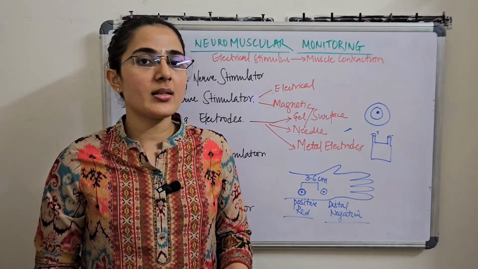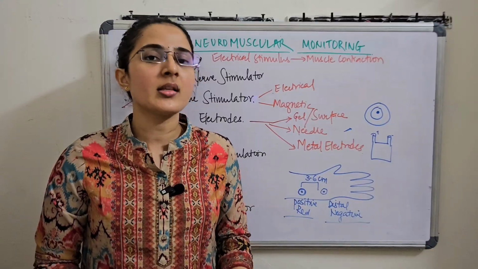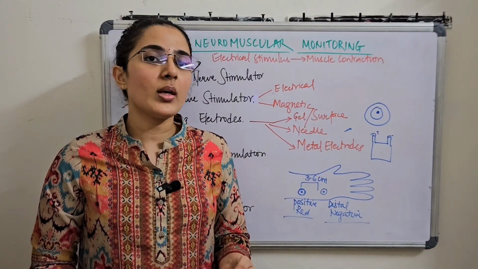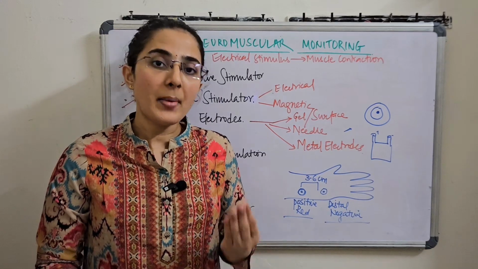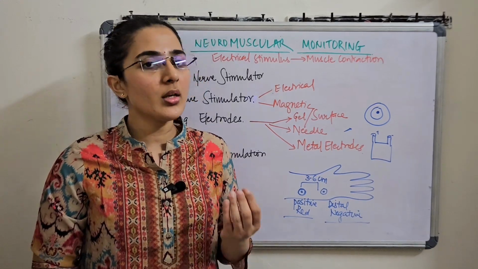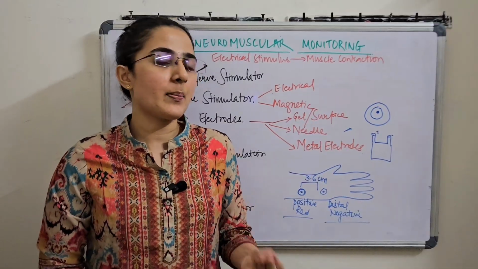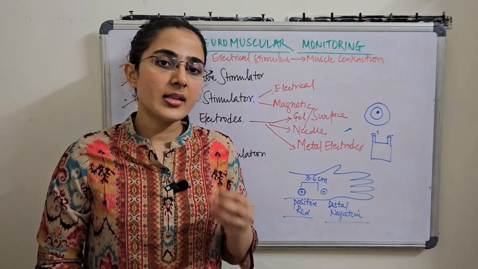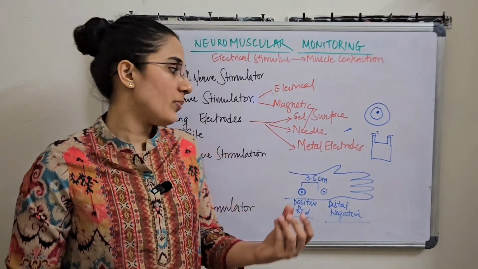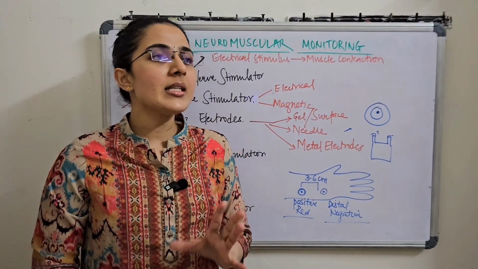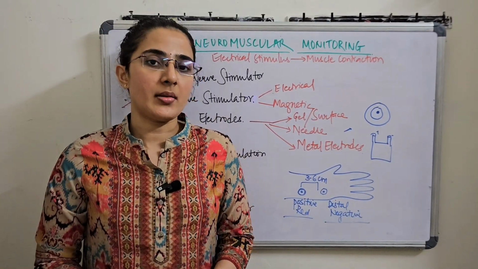NIBP and pulse oximeter should be on separate limbs, and you should also avoid placing it on any paralytic limb if it is used for neuromuscular monitoring. So these are the simple things to be kept in mind for the selection of the site of placement of these electrodes.